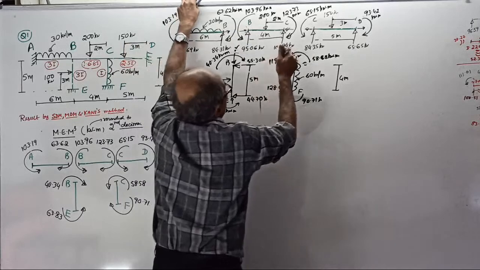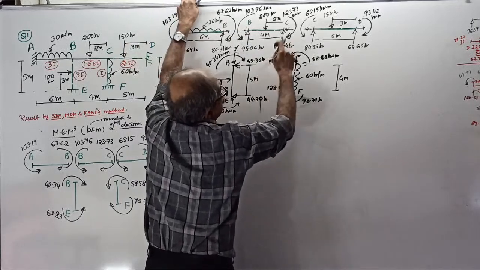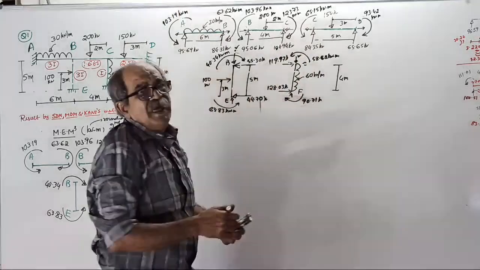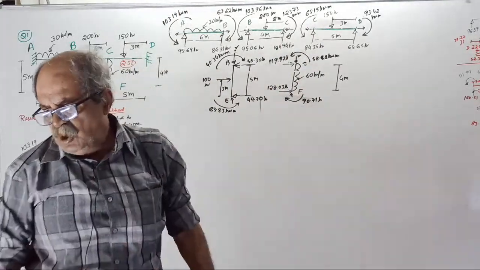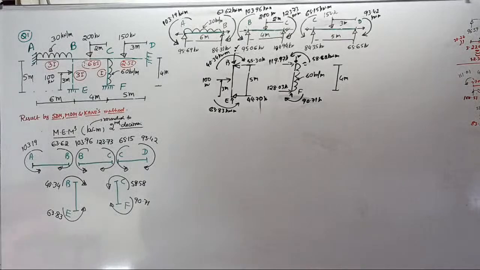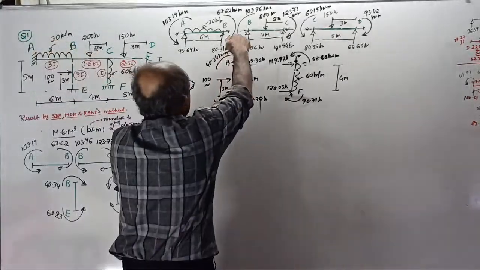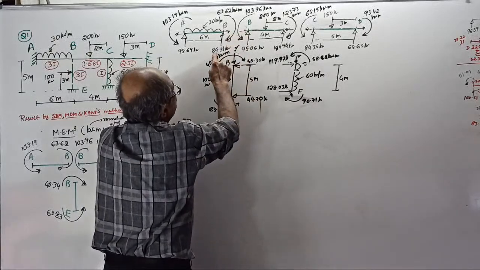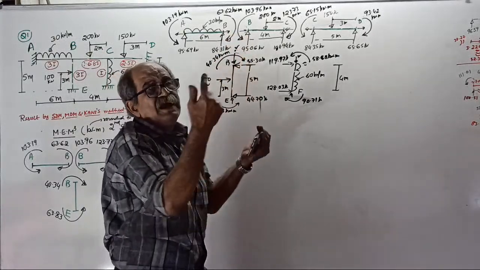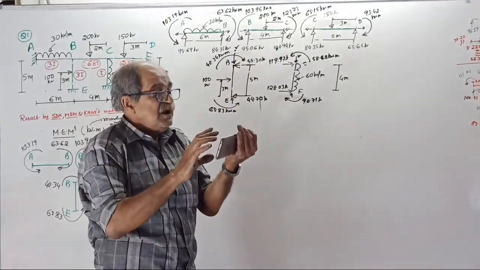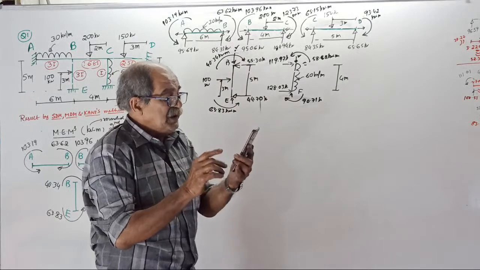Same way here, 104.94 plus 84.35 is this reaction. There is no place to write, so I am not writing it. This vertical reaction is 84.31 plus 95.06. It is upward for the beam, but downward for the column.